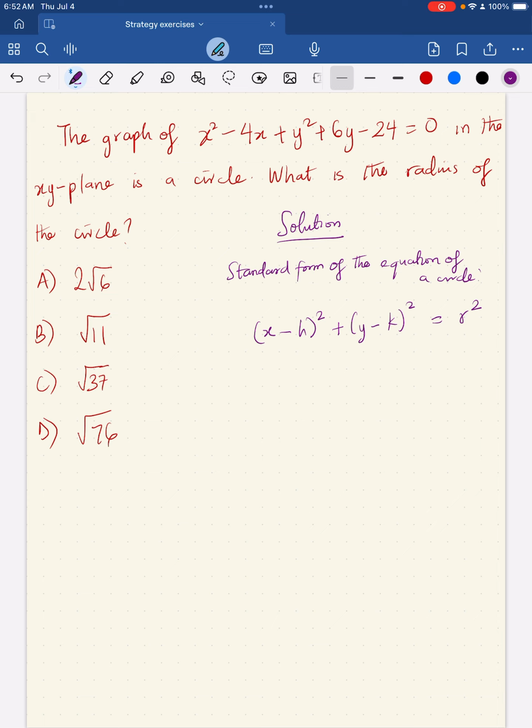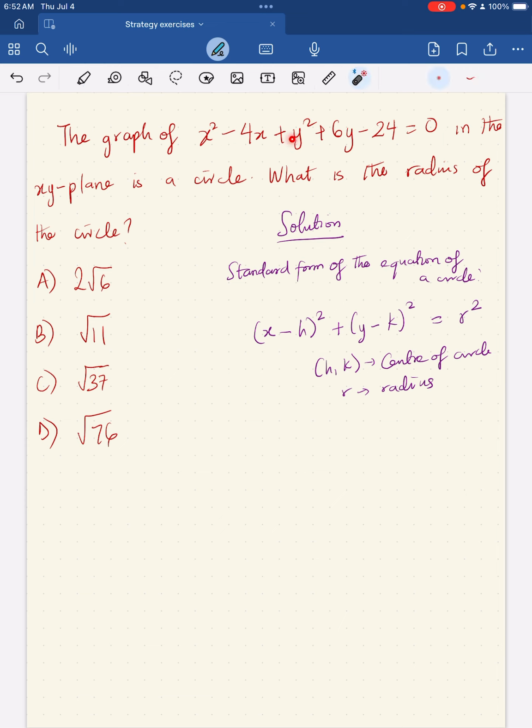This is the standard form of the equation, where your r represents the radius of the circle, and your h and the k represent the coordinates of the center of the circle. So we have (h, k) is the center of the circle, r is the radius.